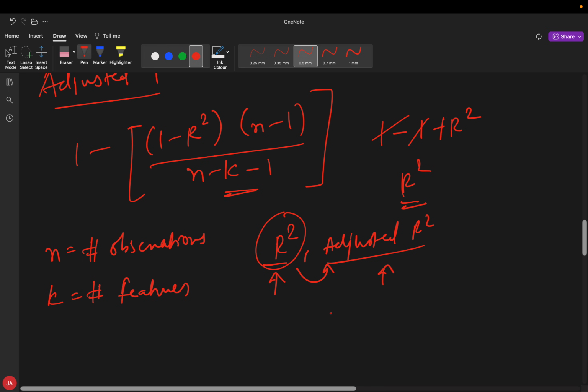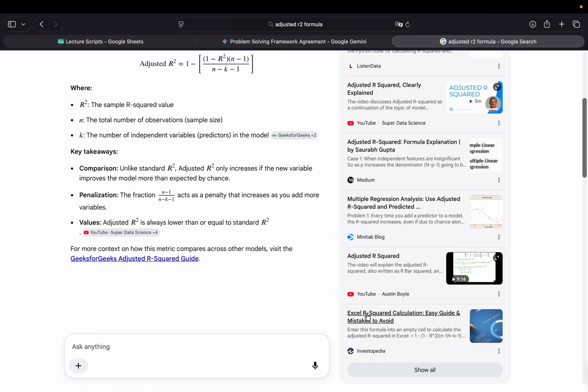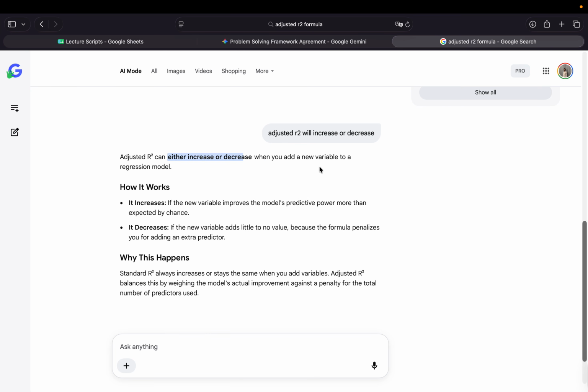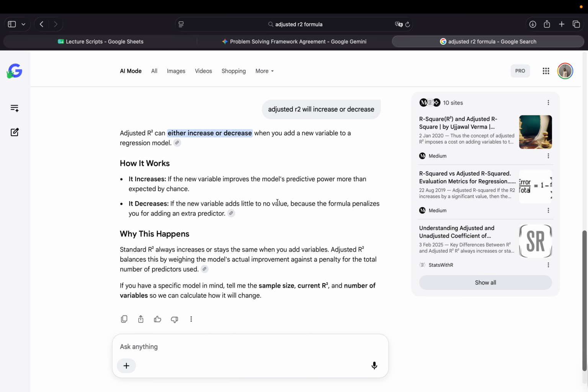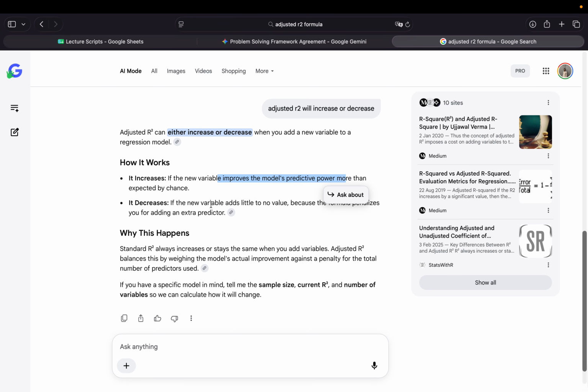So if the added feature has some signal, the adjusted r square would increase, and if it adds no value, it would stay the same or decrease.